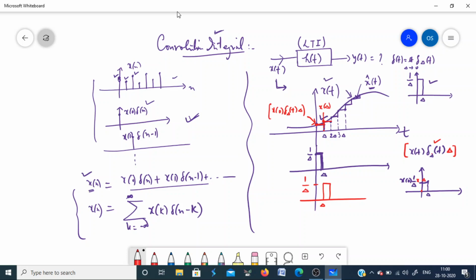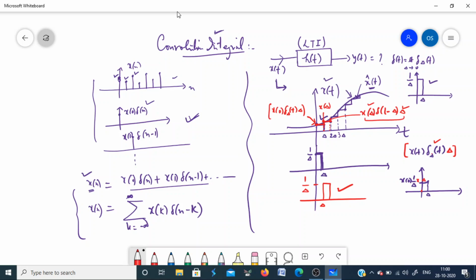So if I multiply x of del with del t minus del into del, I will get the second pulse. Because delta t minus tau is shifted in time by delta, and if you multiply this with delta, this height becomes 1, and 1 multiplied with x of delta will remain constant between this period.